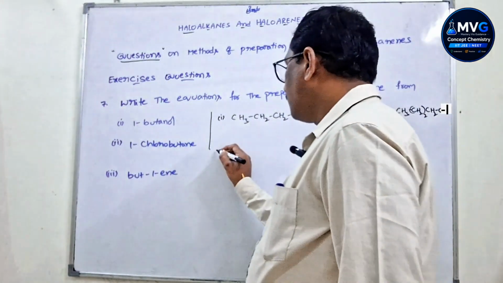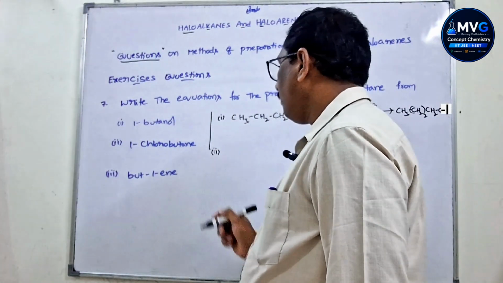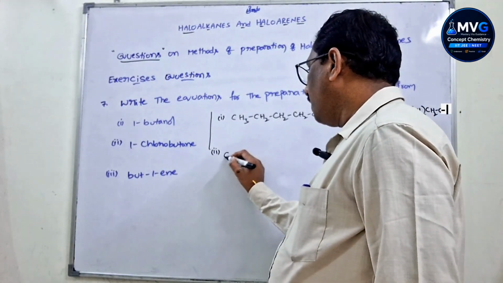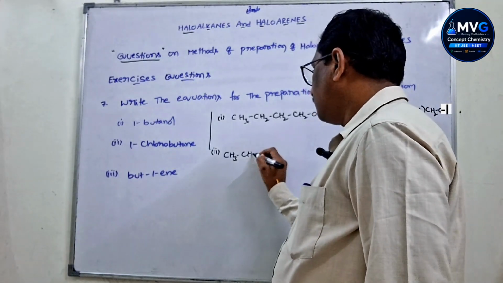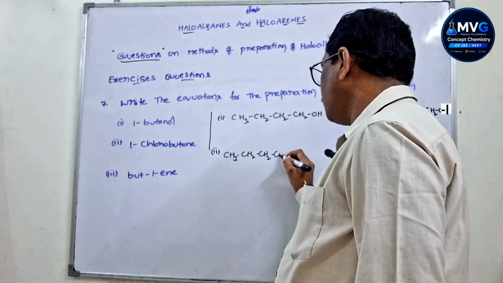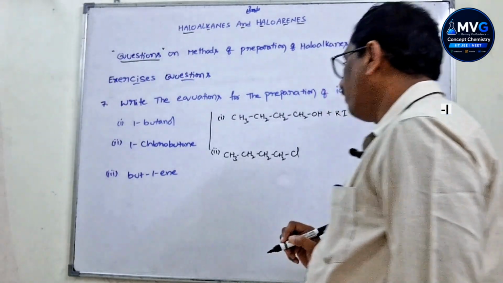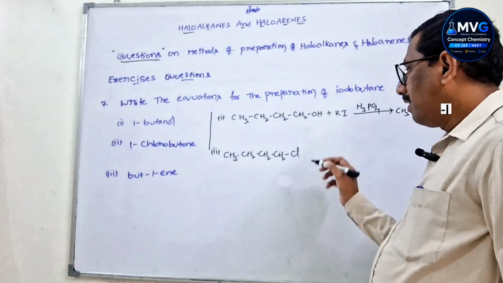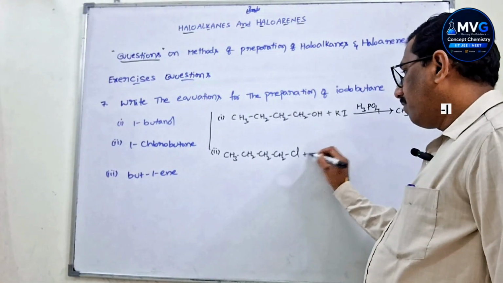Next one is the second one, students. 1-chlorobutane they given, students. 1-chlorobutane means CH3, CH2, CH2, CH2, Cl. Iodobutane we should prepare. What is the named reaction, students? Finkelstein reaction.